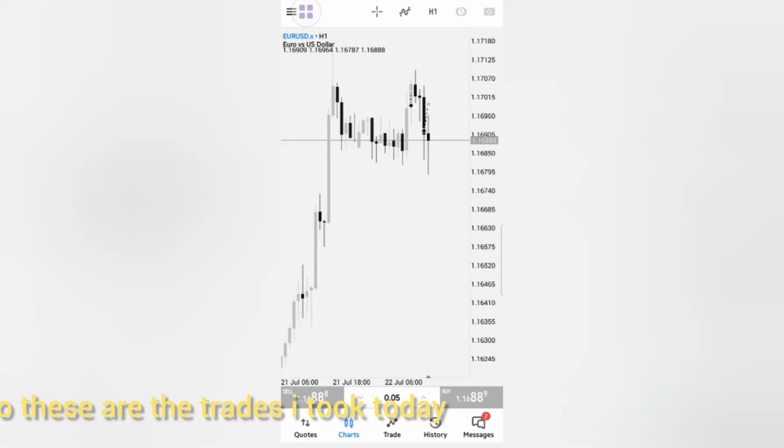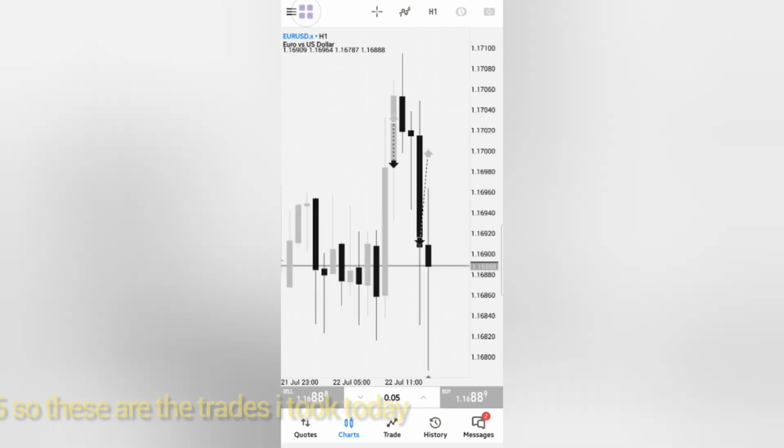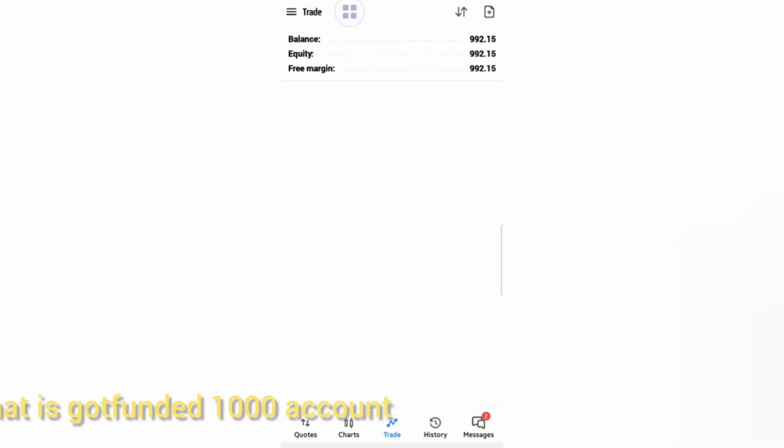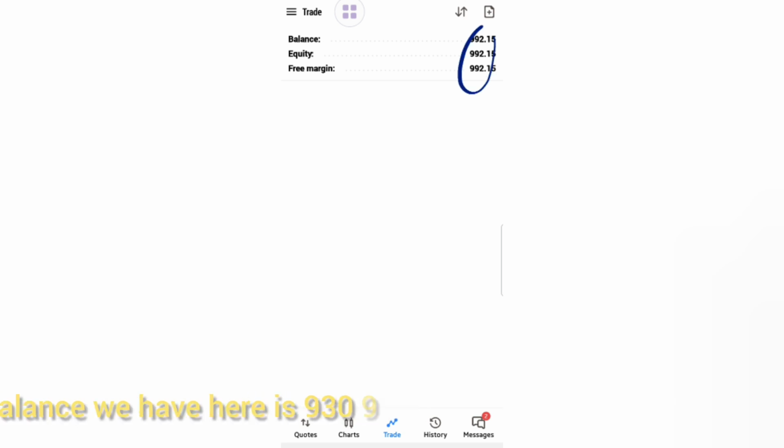YouTube, as you can see, this is MT5. So these are the trades I took today on my GoFunded account, that is GoFunded 1,000 account. And as you can see, the balance here is 992.5 US dollars, which means today I had to press some trades.